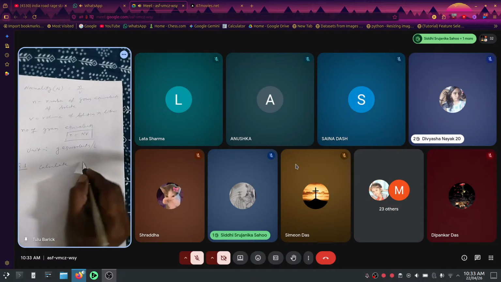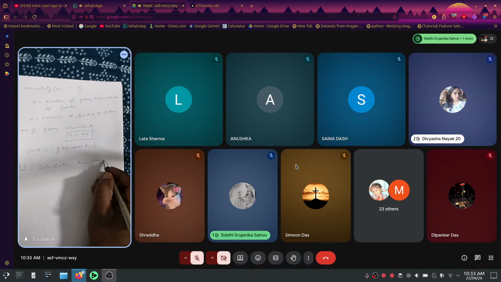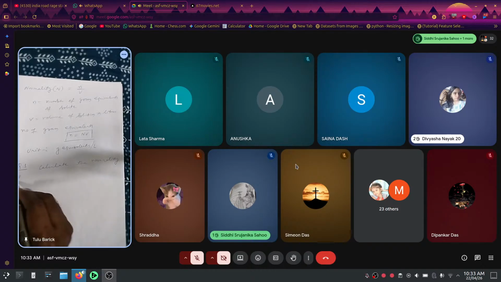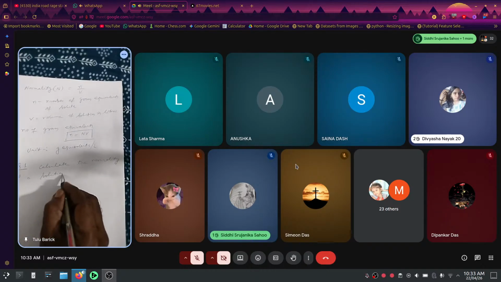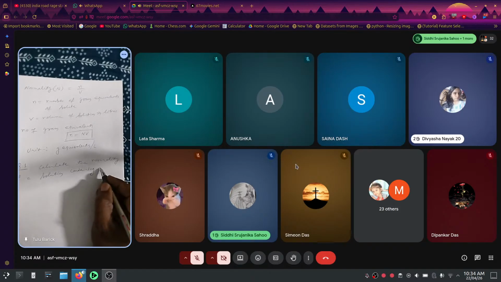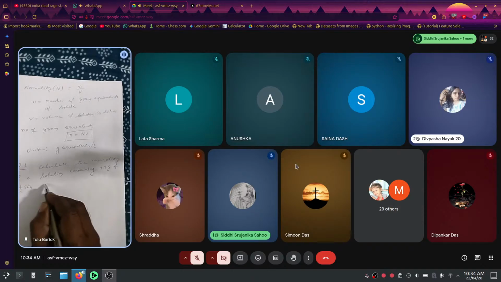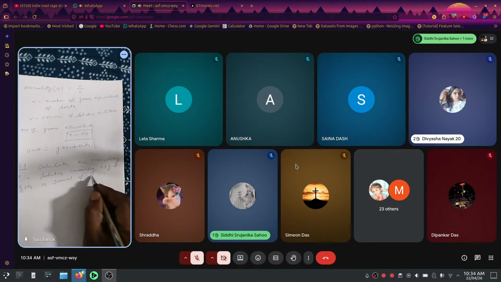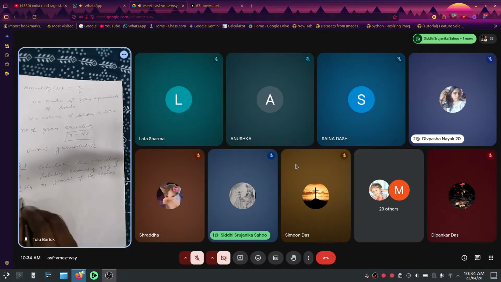Calculate the normality of a solution containing 4.9 grams of sulfuric acid in 2000 milliliter of its aqueous solution.